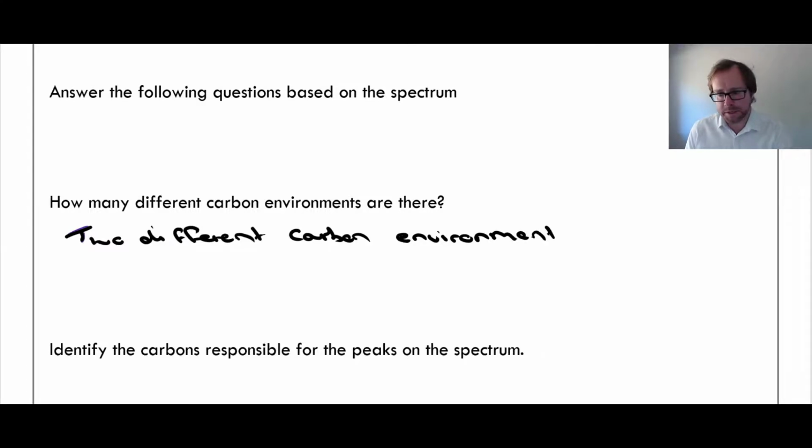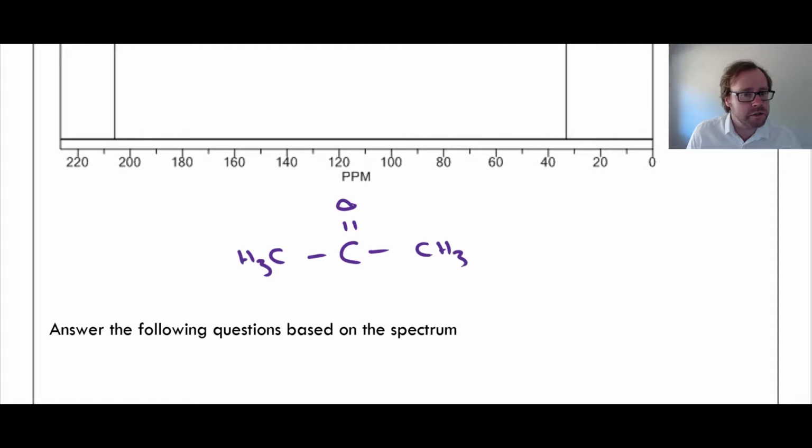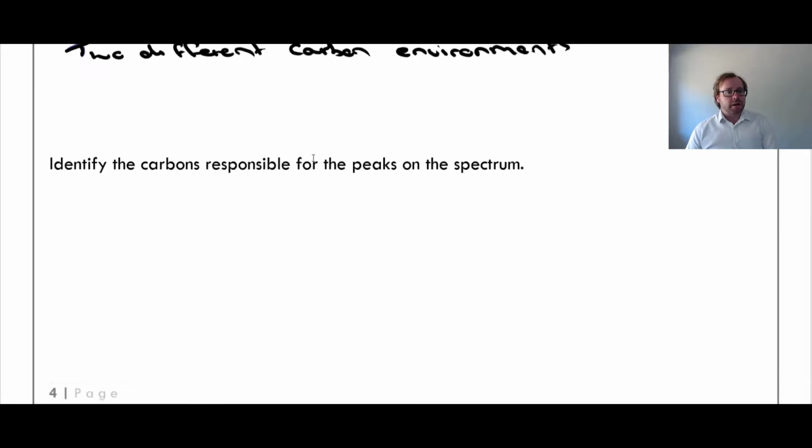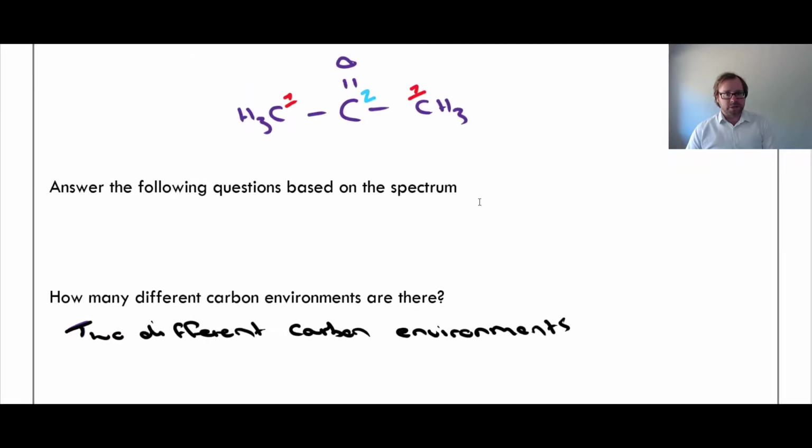And just to make it a bit easier, because I think I may have made it a bit confusing using C and CH2, we're going to label these as this CH3 will be 1 carbon environment. Remember, it's mirrored exactly. So these carbons are equivalent, and this will be my 2nd carbon environment. Okay, so identify the carbons responsible for the peaks on the spectrum.